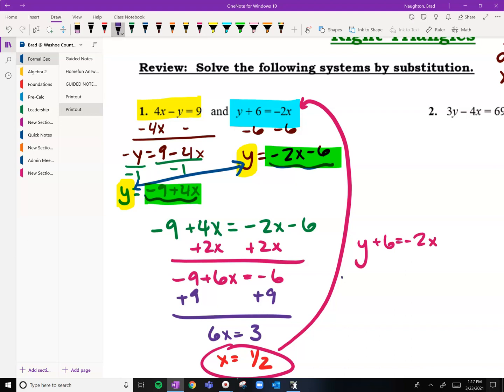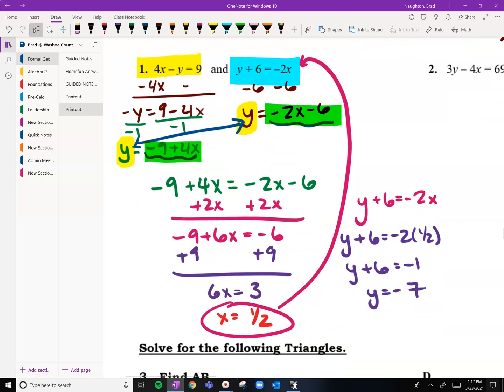Well, we know what x is now, so it's y plus 6 is equal to negative 2 times 1/2. So y plus 6 is equal to a negative 1, so y is equal to a negative 7. So our answer is going to be a point, which is x and y, or 1/2 and then negative 7.